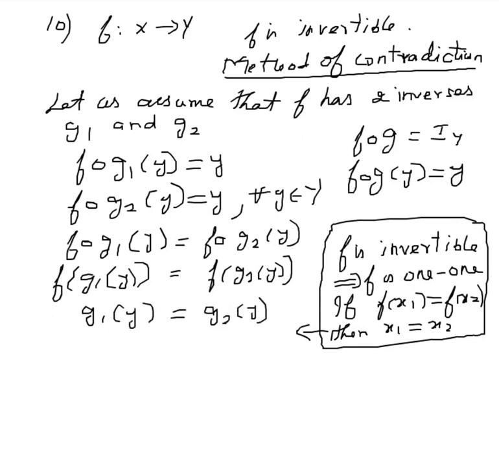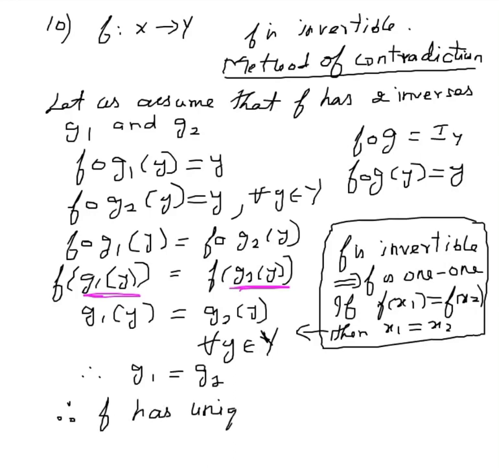That is, in place of x1 we have g1 of y, and in place of x2 we have g2 of y. That implies g1 of y is equal to g2 of y, and it is true for every y belonging to the set Y. Therefore, g1 must be equal to g2. Therefore, f has a unique inverse.